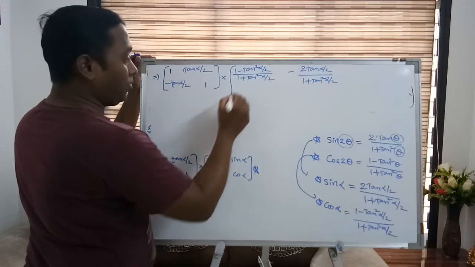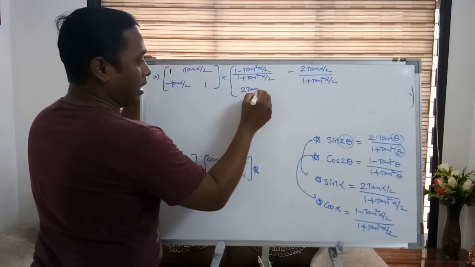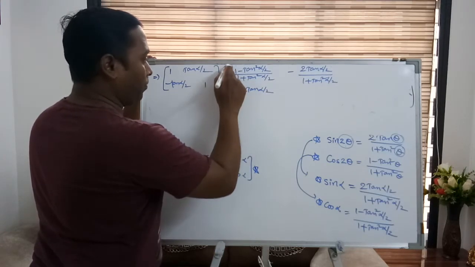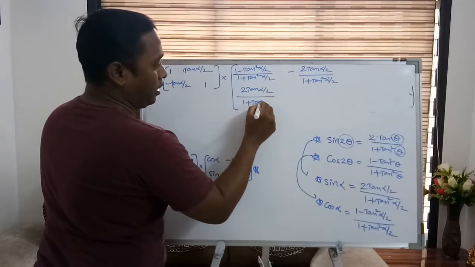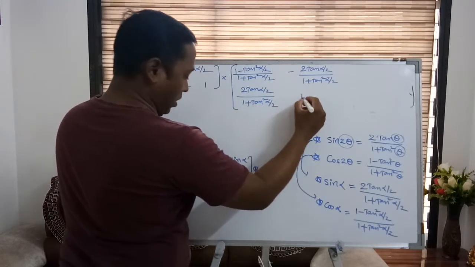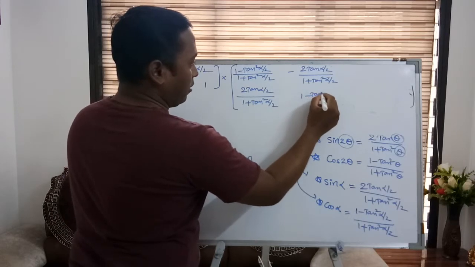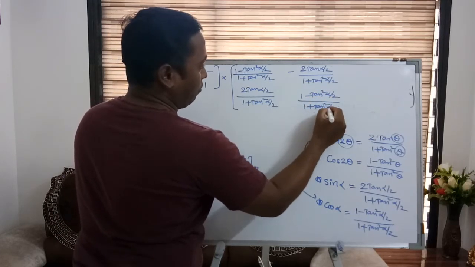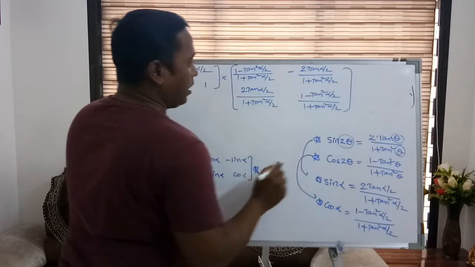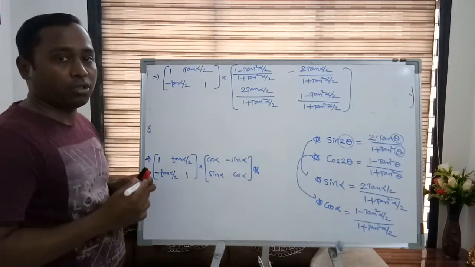Again here 2 tan alpha by 2 by 1 plus tan square alpha by 2, and 1 minus tan square alpha by 2 by 1 plus tan square alpha by 2. Now the thing is only the simplification part.